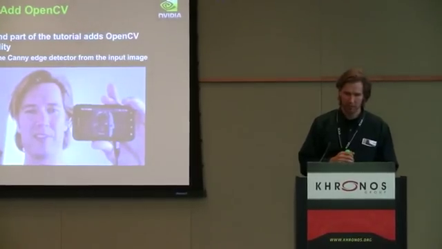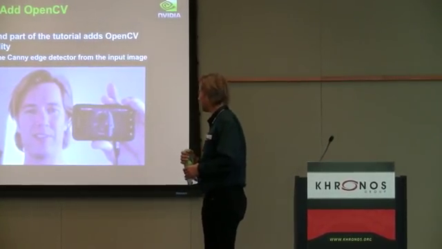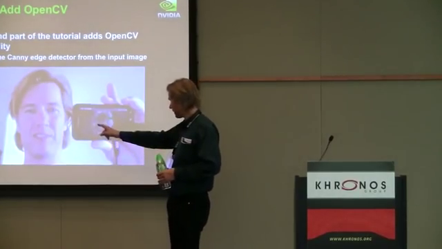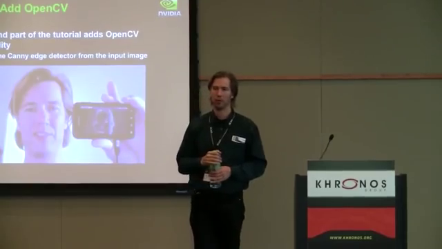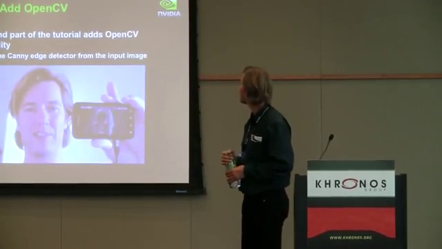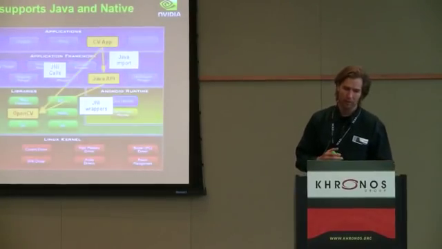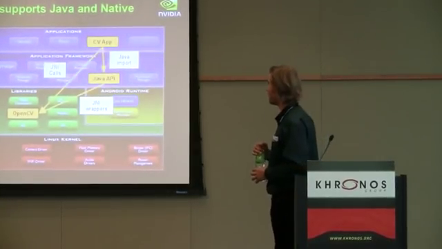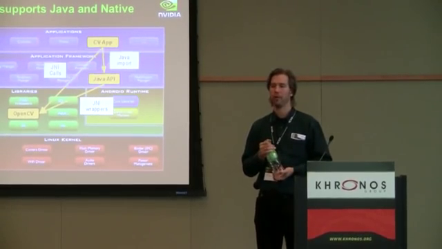The second example adds image processing to it, so it has image processing in real time. In this case, it's doing edge detection from the camera image view. If you want to use OpenCV on Android, you can choose whether you want to use it via Java or native. Both are available.